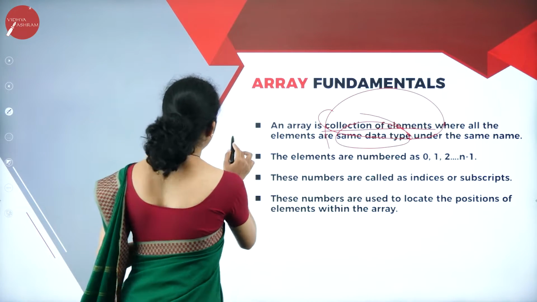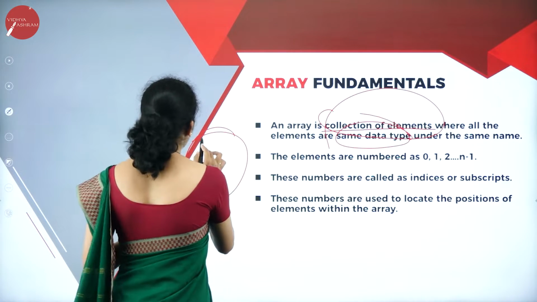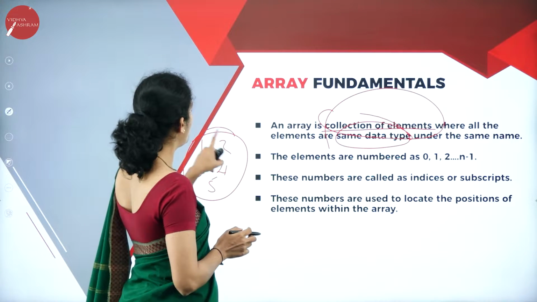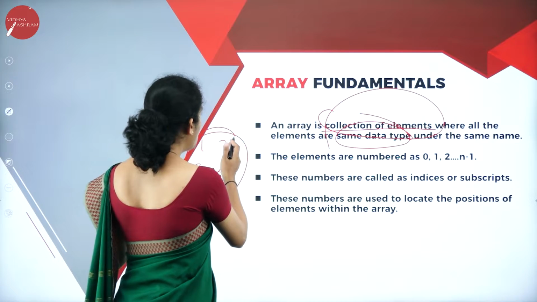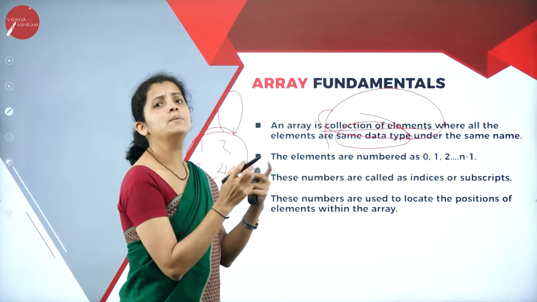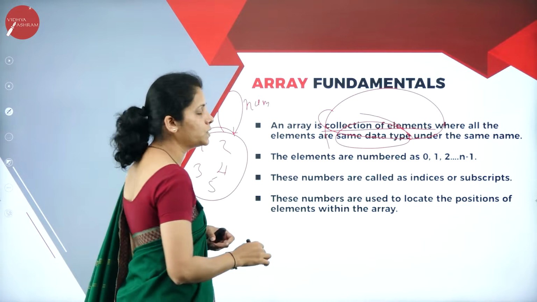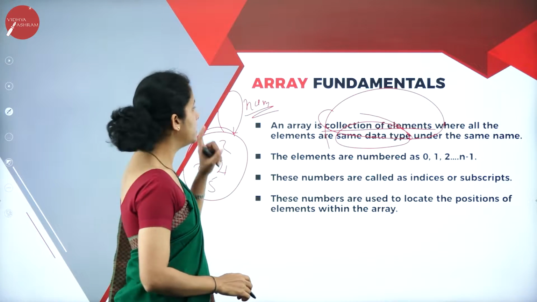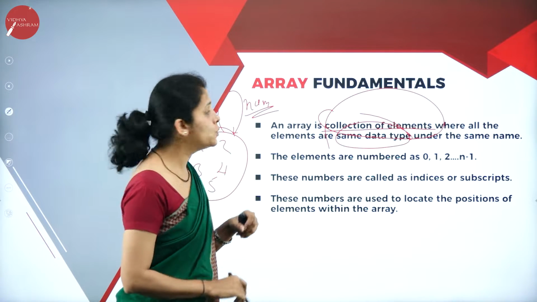For example, I have the integer data 1, 2, 3, 4 and 5. It is a homogeneous element, and I am going to store all these elements using a name, say num. What is my array name here? That is num, and it is going to hold a collection of integer values.